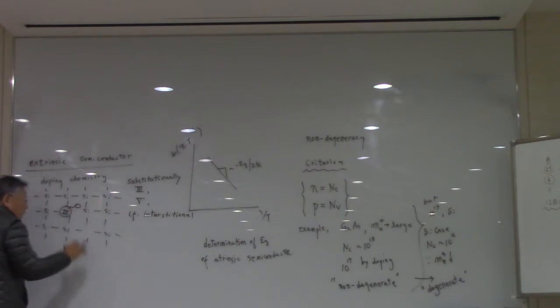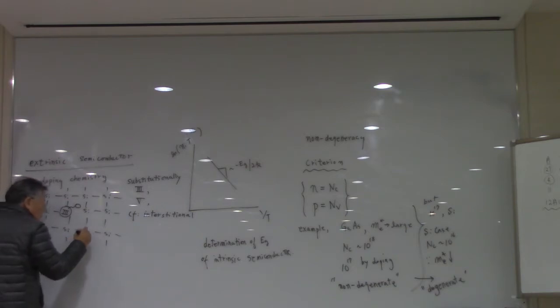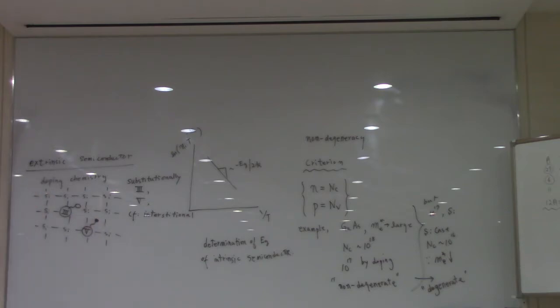And if you have a silicon replaced by group 5, then you're going to have one extra electron sitting just like that.